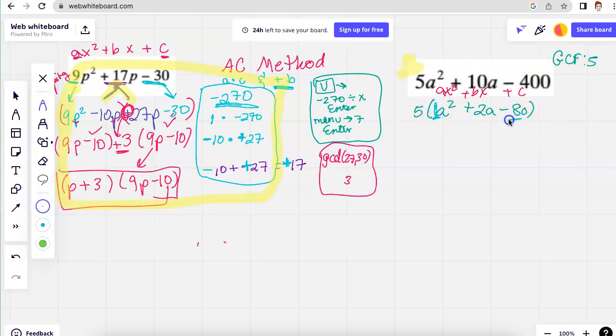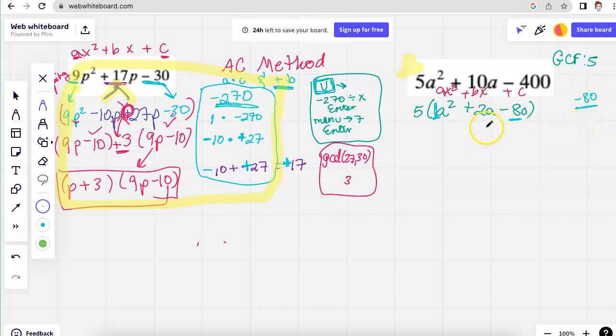So 1 times negative 80 gives us negative 80. There we go. Once again, you can put that in your calculator, hit go home, run home to the main screen, hit the U button, so your parabola, your graph paper, then type in negative 80 over x, or divided by x, then enter, menu 7, enter, and it'll show you all your factors of negative 80.